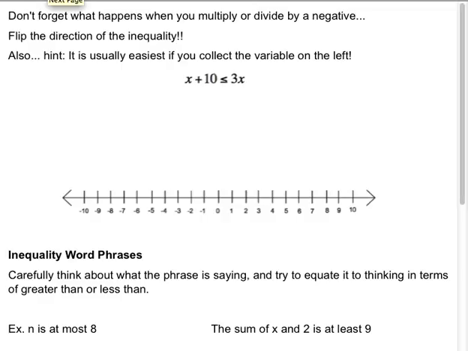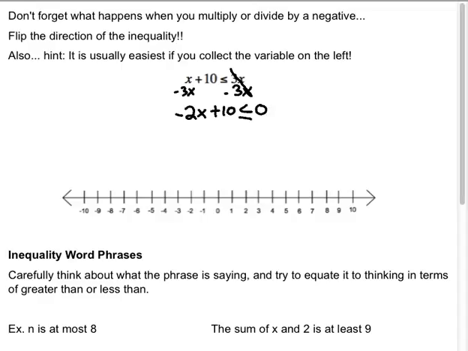When I say collect it on the left-hand side, even though it seems counterproductive, I'm going to subtract 3x from both sides. That's going to give me a -2x plus 10, and that's going to leave a 0 over there.